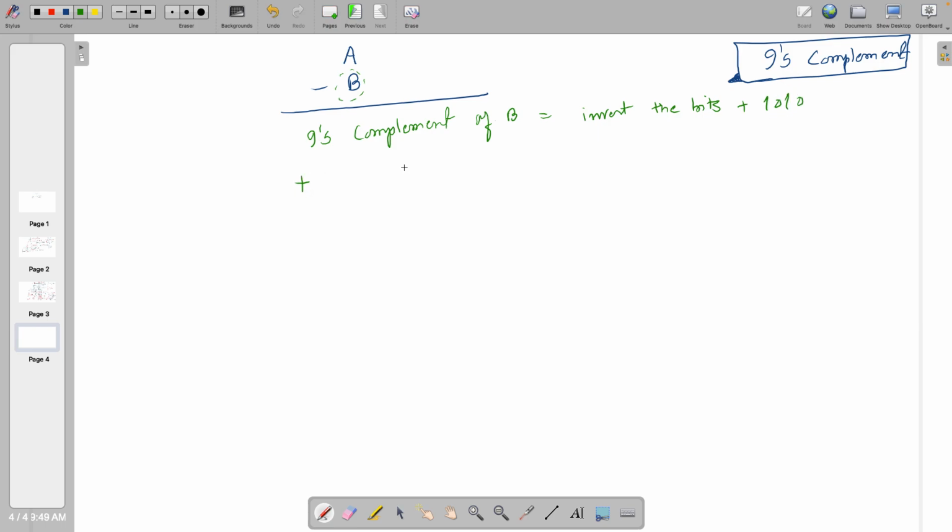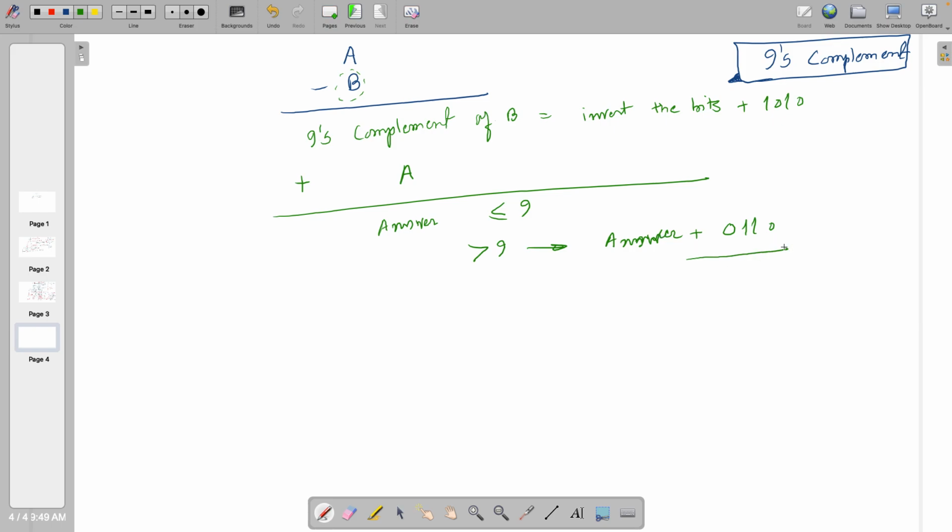Once you have that, add that with A, find out the answer. Is it less than or equal to 9? And if it is greater than 9, then whatever answer you got, add 0110, right? And then look at the answer.